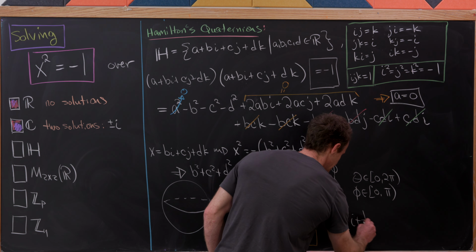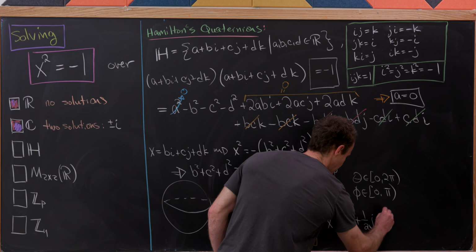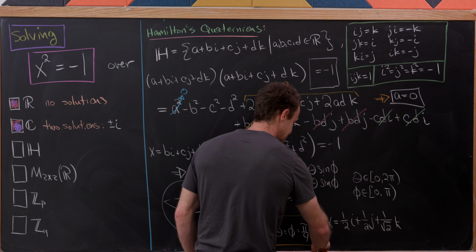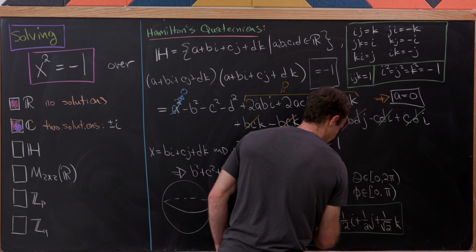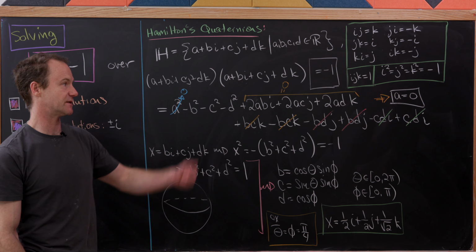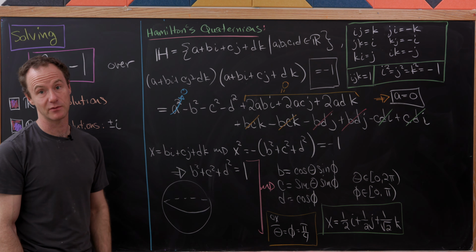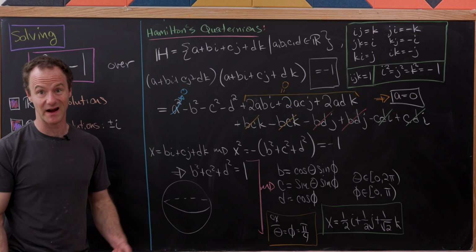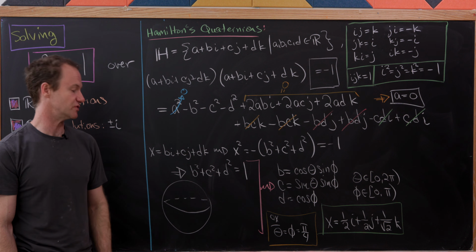So we have half i, similarly half j plus 1 over root 2 k. So there's an example of a square root of -1 that's maybe a little bit harder to find than simply i, j, and k within the Hamilton quaternions. Furthermore, this is like a pathway to find infinitely many of them of your choosing.